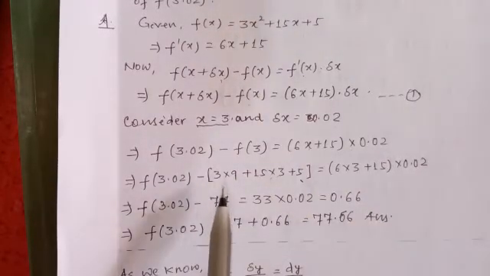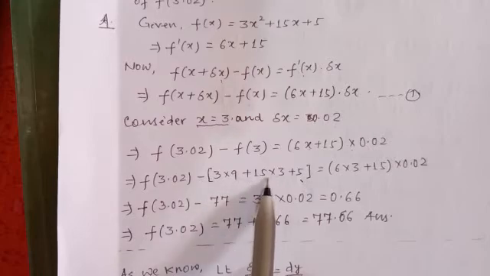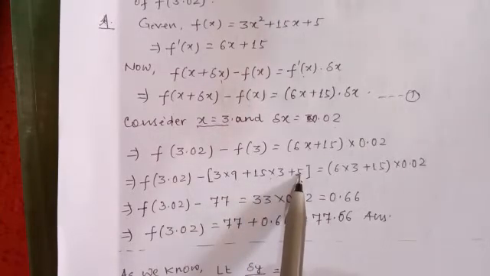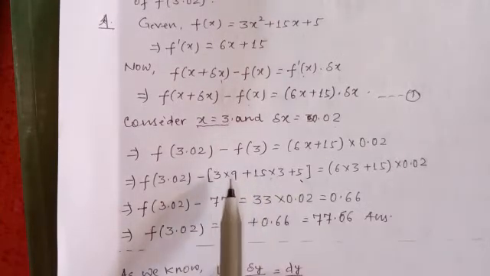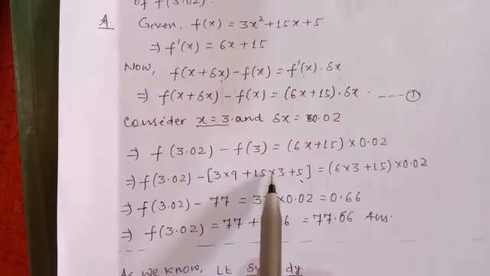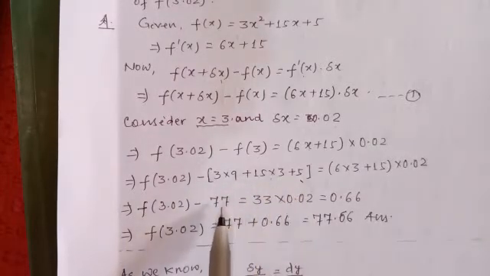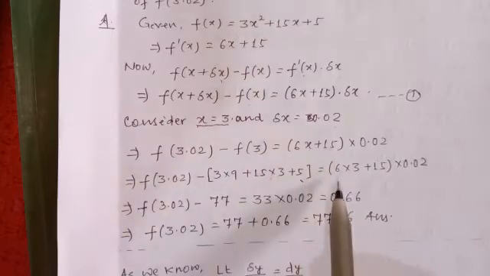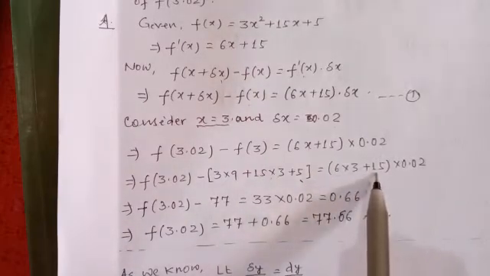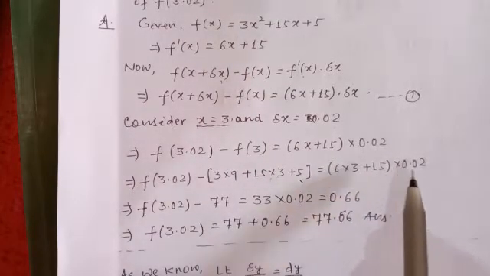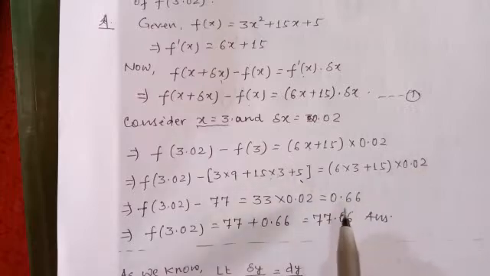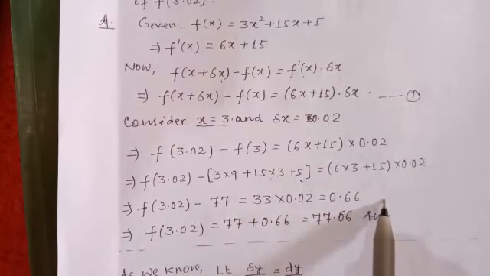So this is 27 plus 45 plus 5. So 27 plus 45 is 72 plus 5, 77. This is 18 plus 15, 33 into 0.02, which is 0.66.